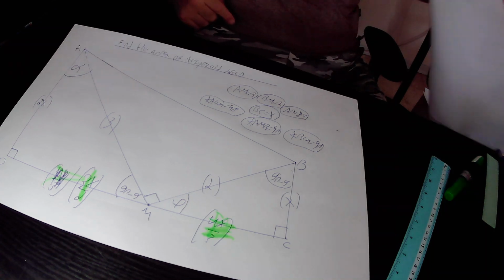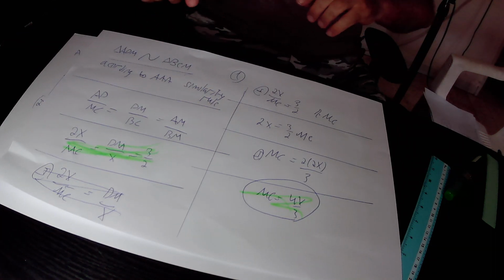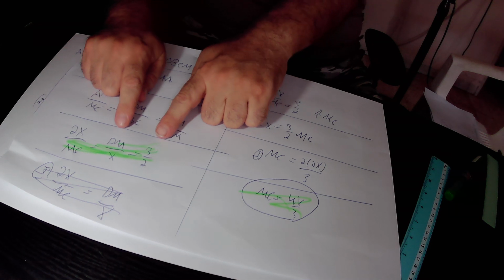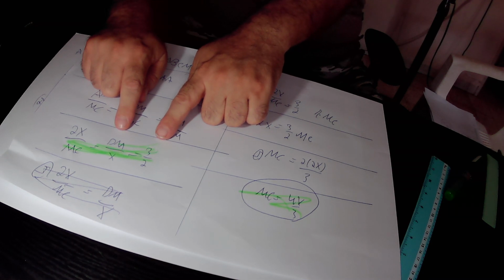We continue to focus on the long equation. Those two expressions are also equal to each other, so we get equation 2 from those two expressions. That is to say, DM over x equals 3 halves.